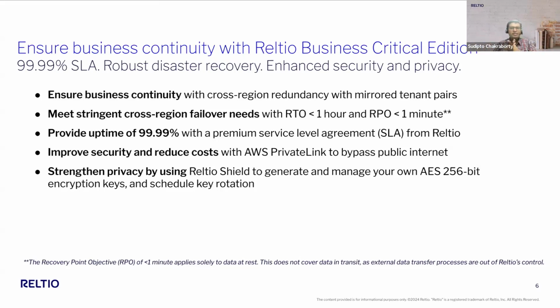As this slide says, it's all about ensuring business continuity with robust DR and enhanced security. And personally, I often describe BCE as resilience as a service. It's not just a bunch of add-ons, it's a holistic commitment we are making to keep you running come what may, right?